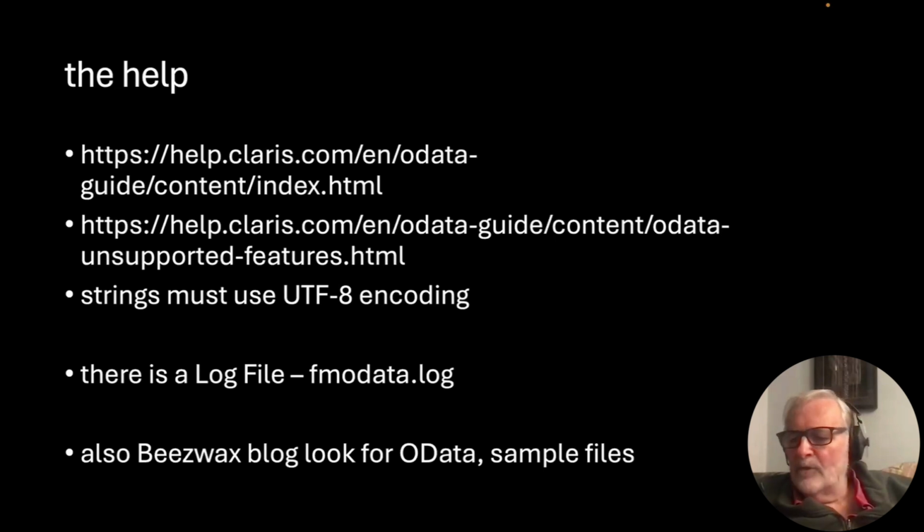Another thing I haven't mentioned is that once you've turned on OData on your server, in the admin console, there's also an additional log file, fmodata.log, that you can get to. And every single call that you make, every GET or POST, is logged in there.